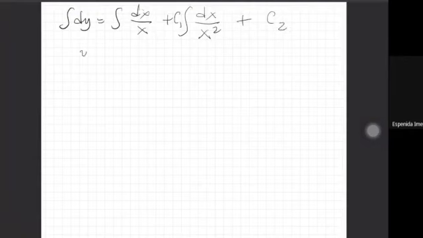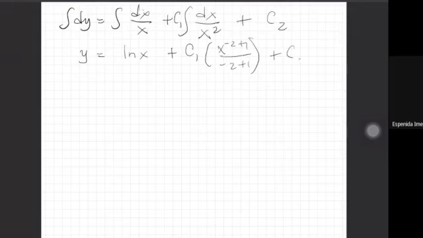The integral of dy is y. The integral of this is ln of x. And then you have c sub 1. The integral of x to the negative 2 is x to the negative 2 plus 1 over negative 2 plus 1, plus c sub 2. So, final answer, almost there.